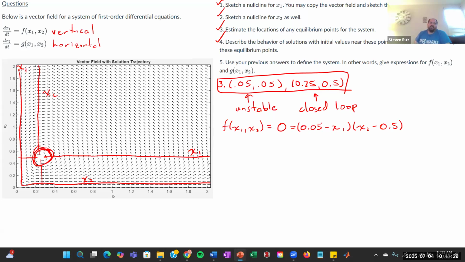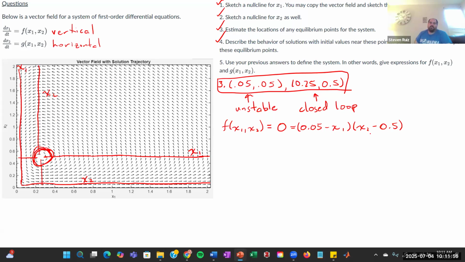If I'm a little bit left of this value, then I have slopes that are a little bit right. If I have x1 values that are greater than 0.05, like over here, for example, those slopes are a little bit left or negative. So I think this captures the behavior I want.